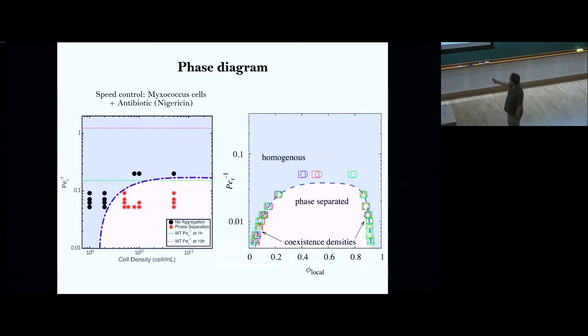That's the simulation that we do, taking the experimental parameters for the Peclet number and so on. So there is indeed reason to believe that this aggregation is governed simply by physics initially, right? And then presumably the biology takes over.